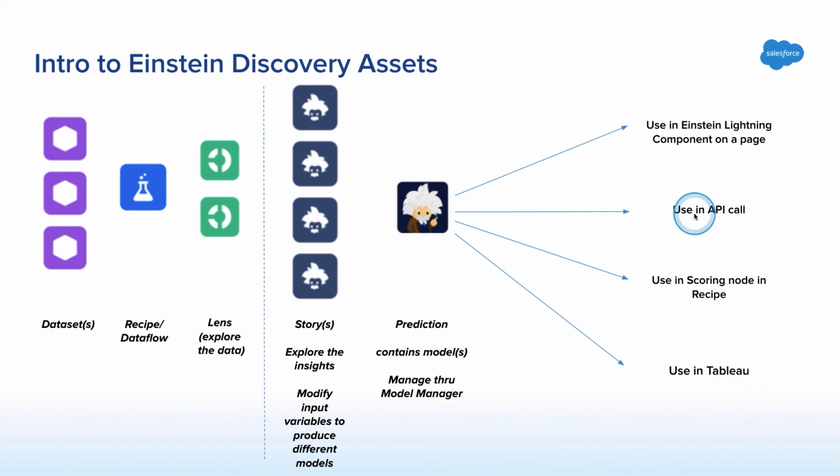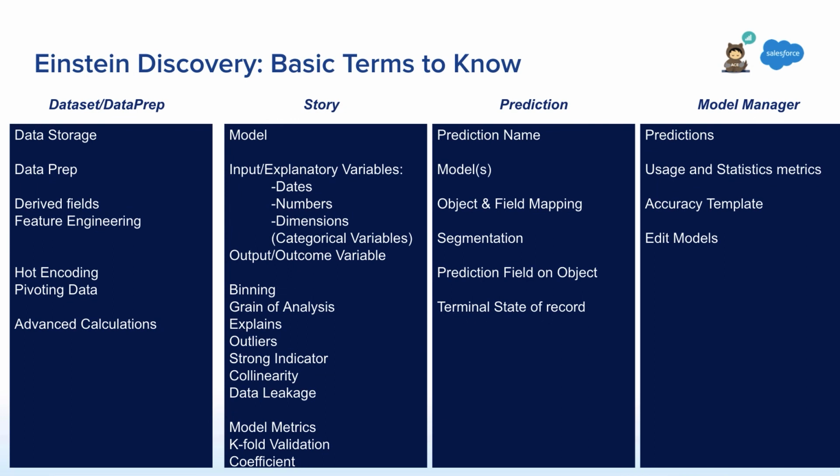And there are even a few functions, by the way. There is a predict function you can use in the workflow, or even in Tableau there's a table calculation that you can use for that prediction. And we will cover that in some other videos. So these are the terms that wrap up the Einstein Discovery basic terms.